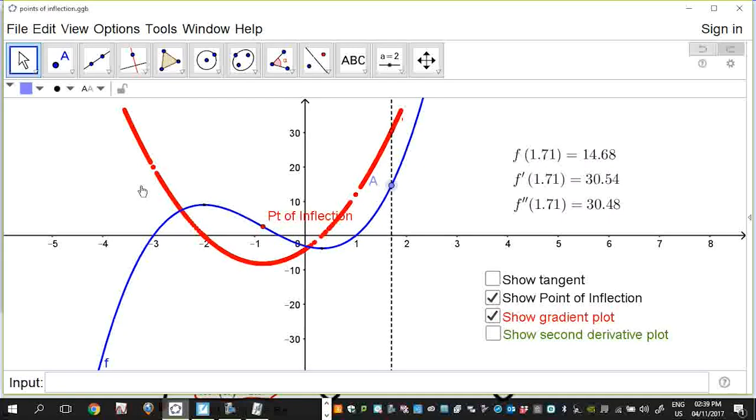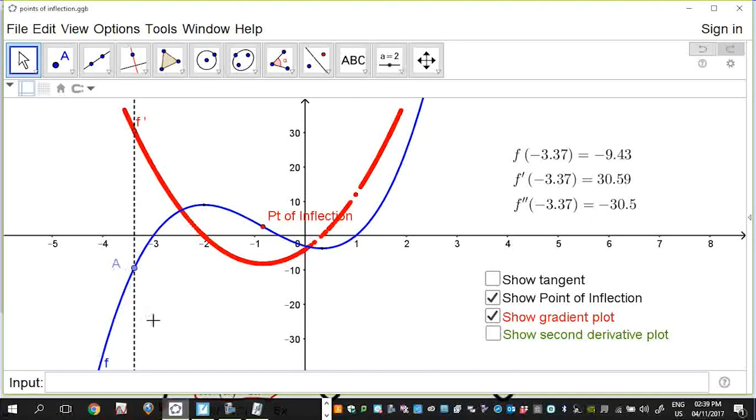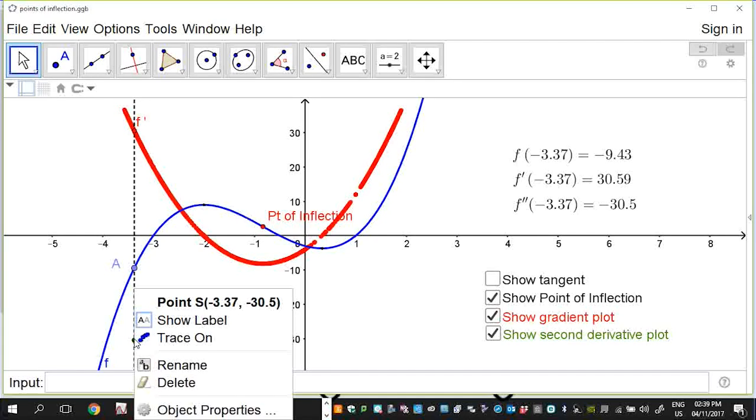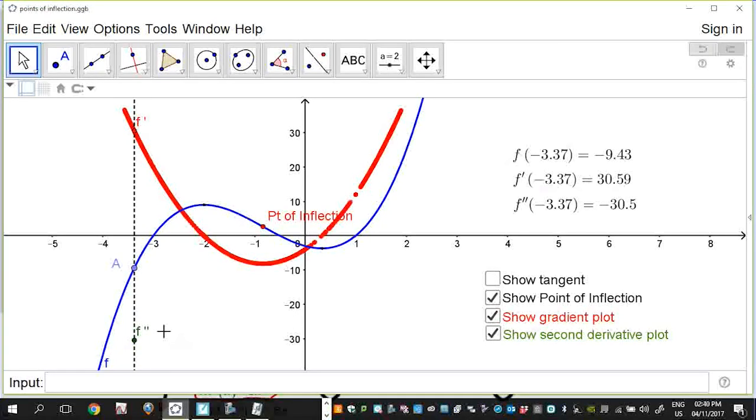I could show as well the second derivative of this. The gradient of a cubic function is a parabola, a quadratic function, and the gradient of the quadratic function, or the second gradient of the original function, is a straight line.